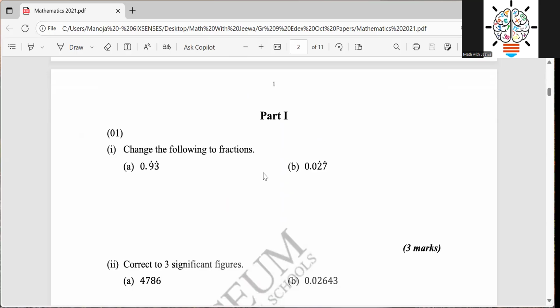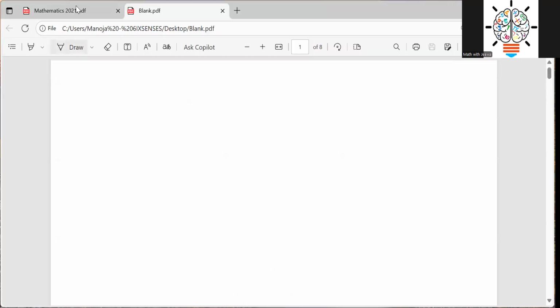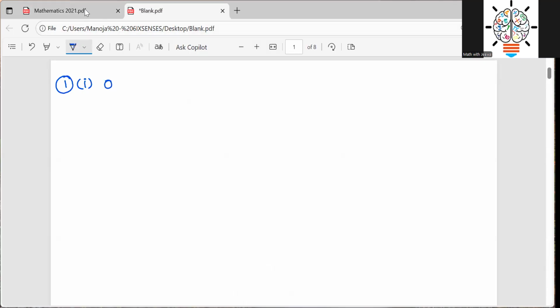When you have something like this, it is better to open the whiteboard and show you the steps. Here, the first question, Roman number 1, I write 0.93 recurring.